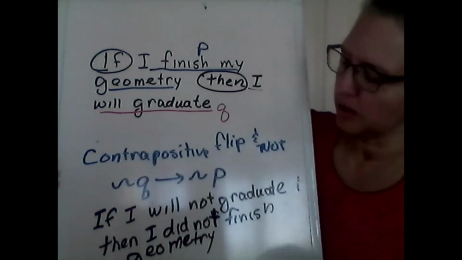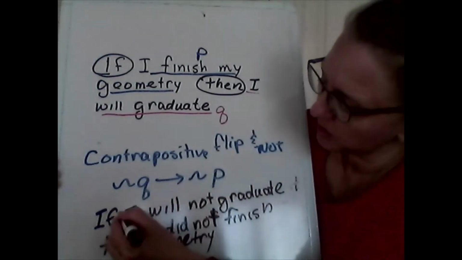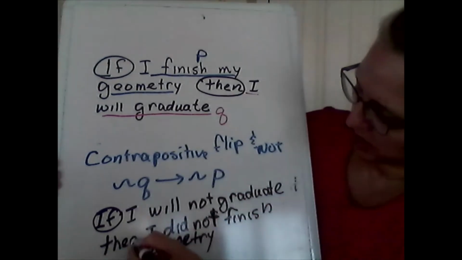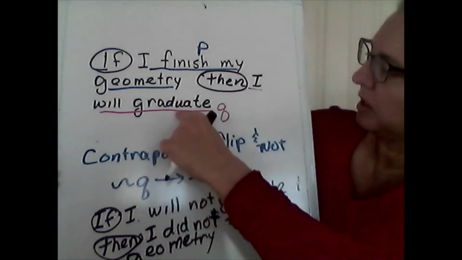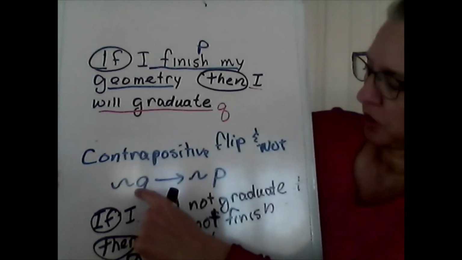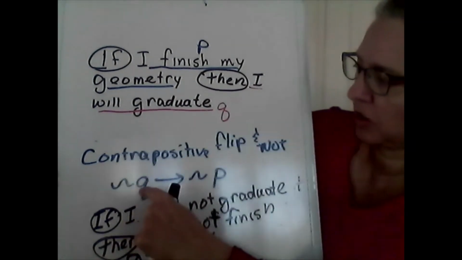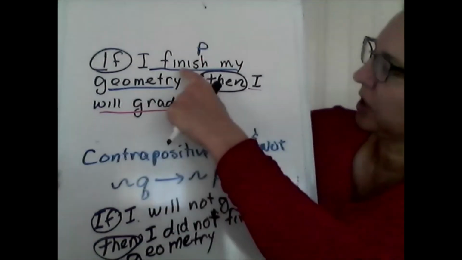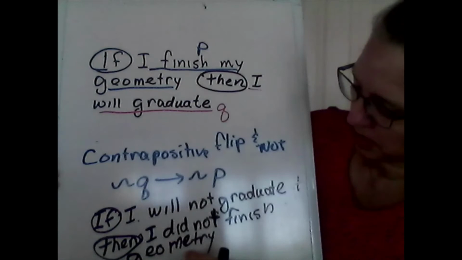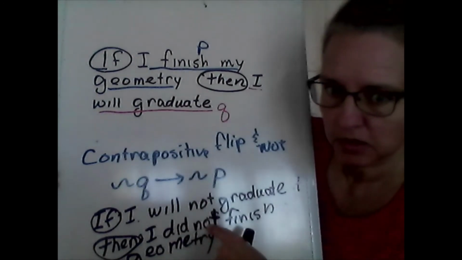Okay, the same thing. We have the two parts. We have the if and we have the then. I will graduate is my Q. That comes first, but I make it not Q. I did finish geometry is my P, except I add the word not.